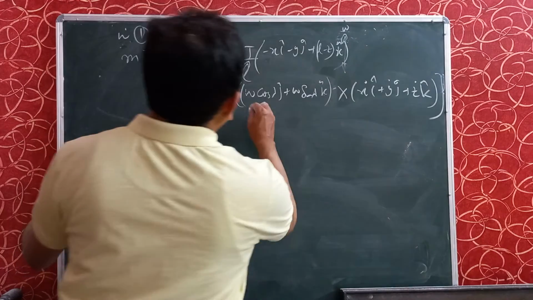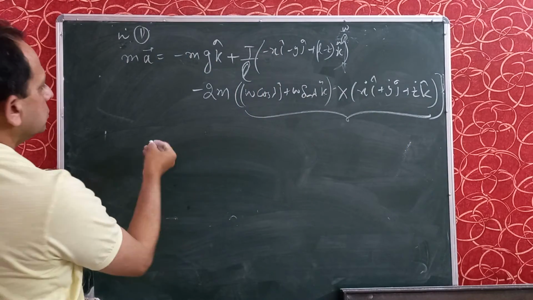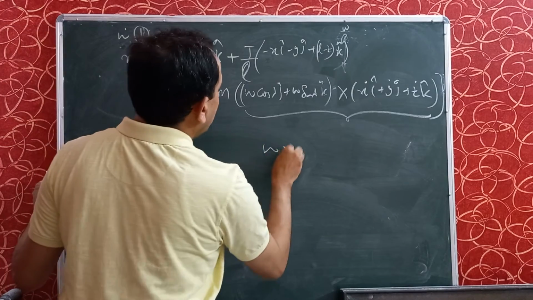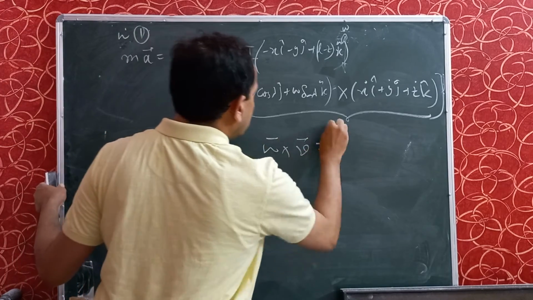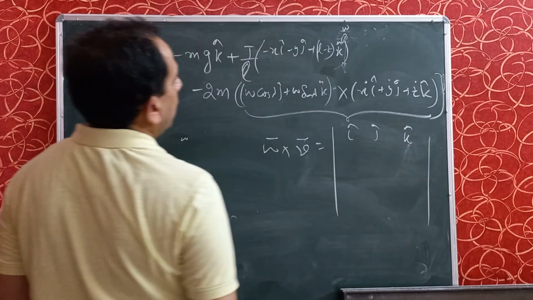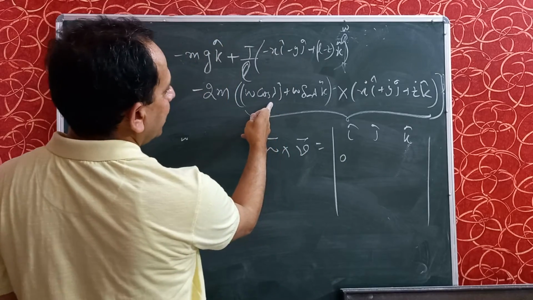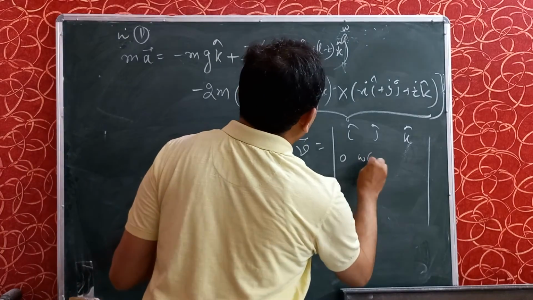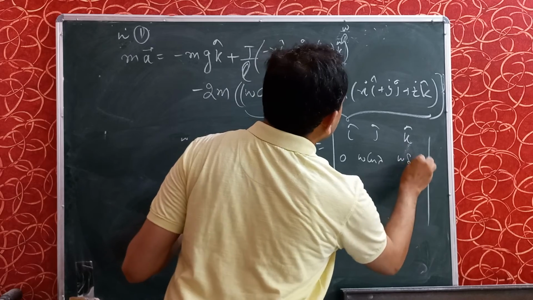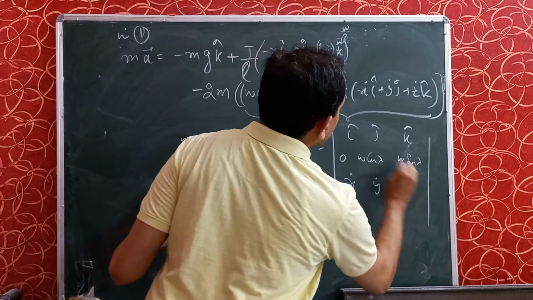You can also find the cross product of two vectors, that is omega cross v, by using the determinant method: i, j, k, and the components of omega, where first there is no i component, then omega cos lambda, then omega sin lambda, and similarly for v, x dot, y dot, z dot.